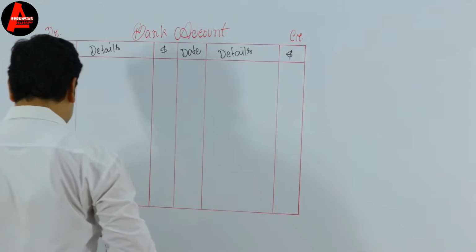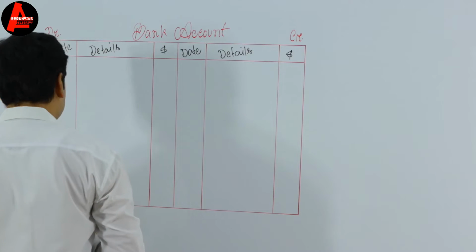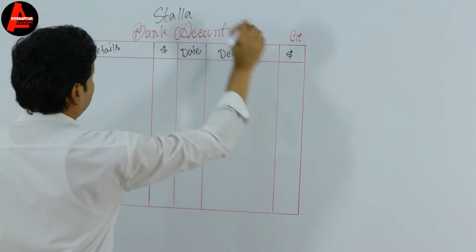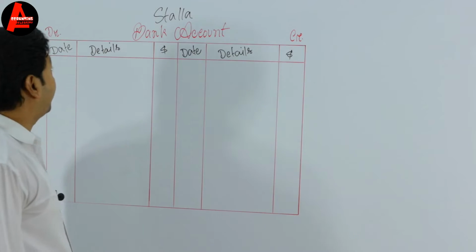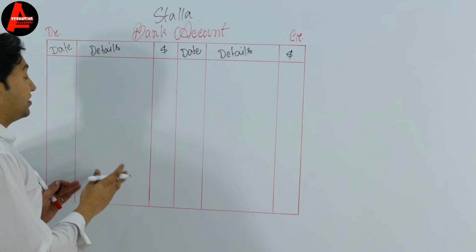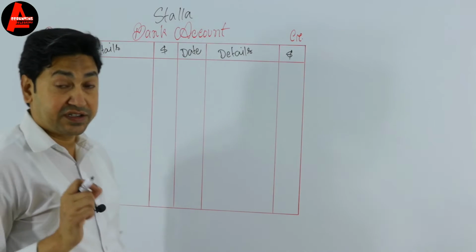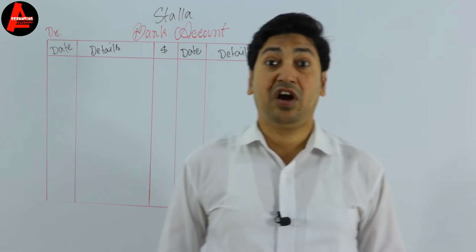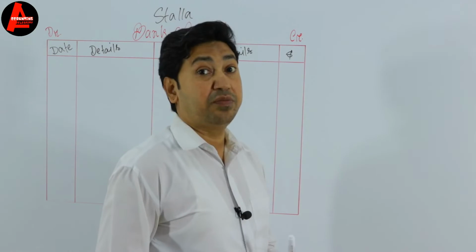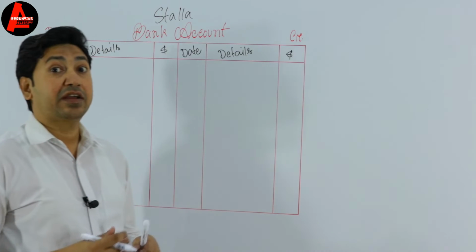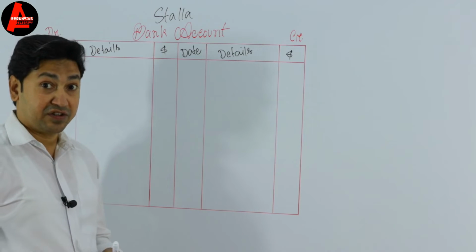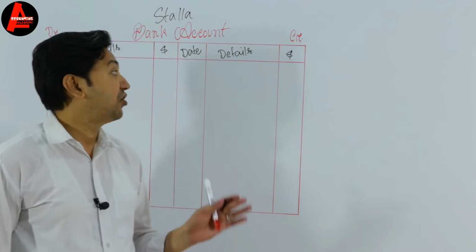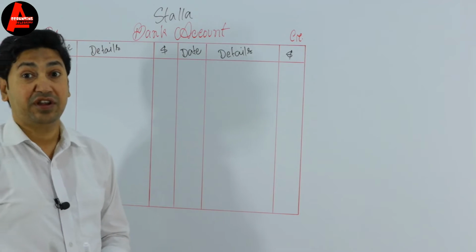The business here is Stella's. On the debit side, all receipts will be included. All the payments will be on the credit side, because when the business makes a payment, the bank balance decreases, so the bank account will be credited.